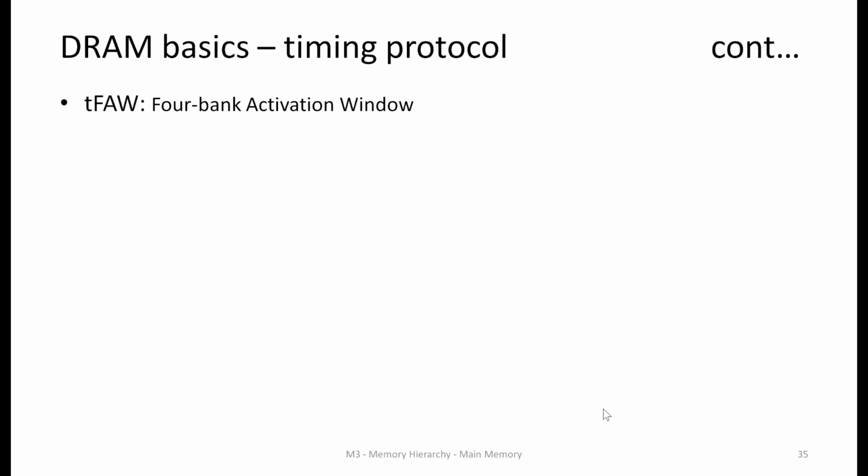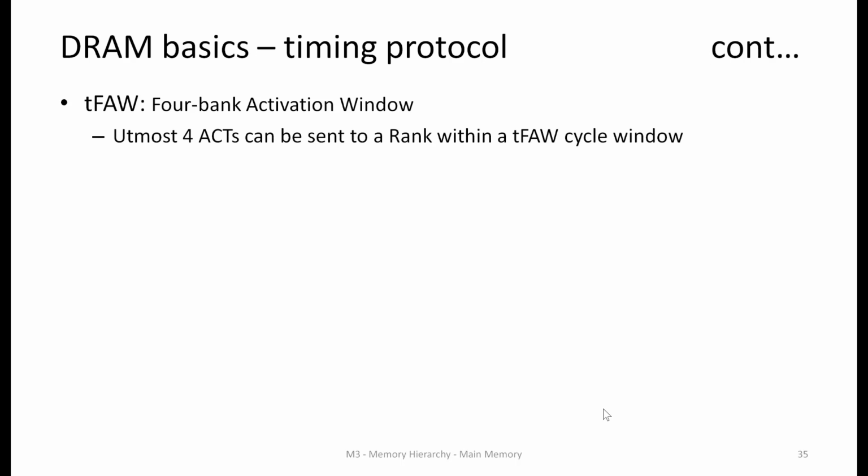We also have another timing, TFAW, the four bank activation window. What this enforces is that during this TFAW window, we can issue only 4 activates to the banks of a rank.